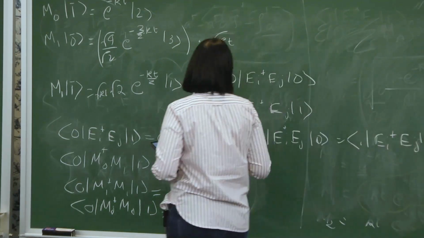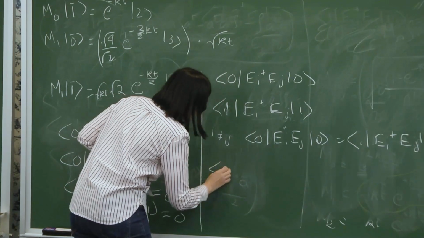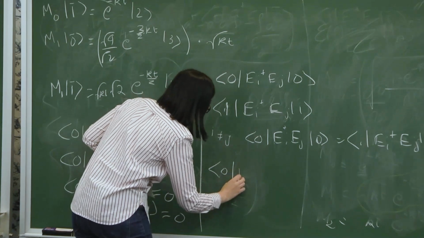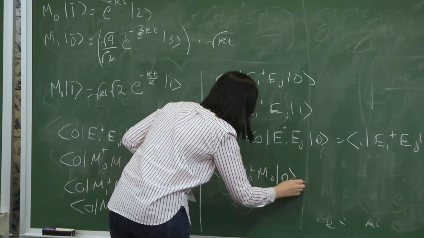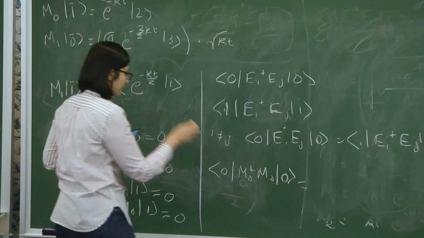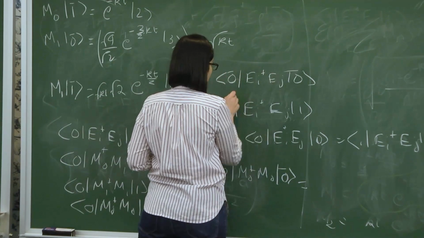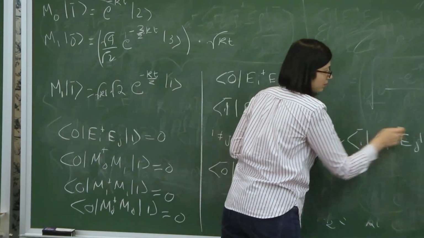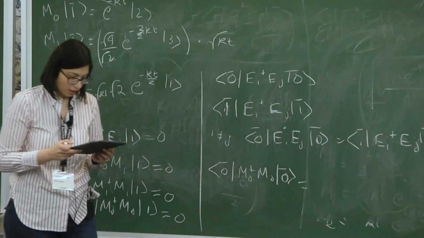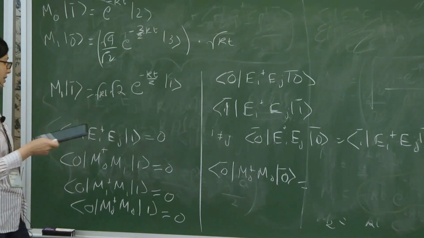But for I equal to j, what happens? So if you have 0, M0 dagger, M0, 0, let's look at that term.